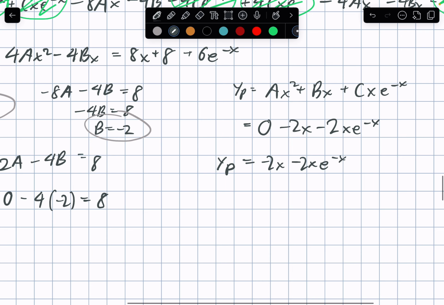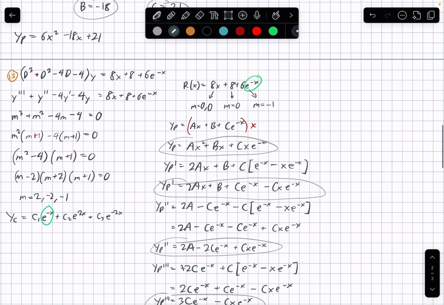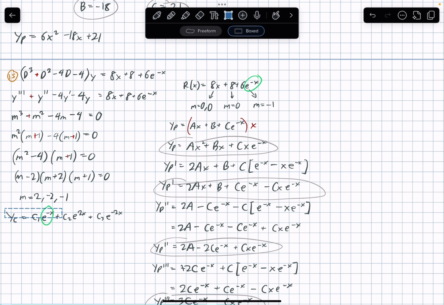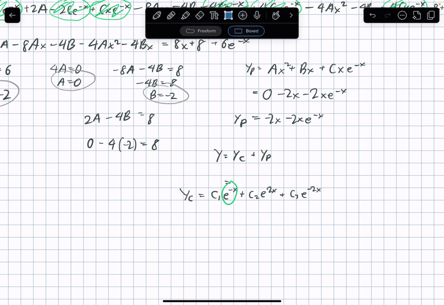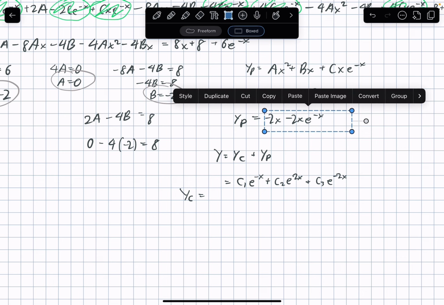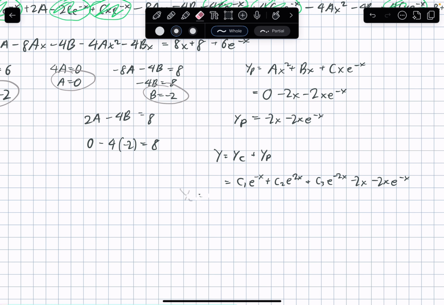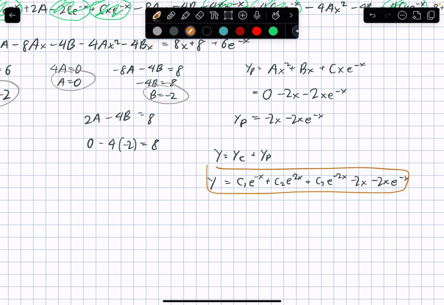Let's now compile. This is the most fun part because we're almost done. Y sub c. Where is y sub c? This one. So that's our y sub c, and this is our y sub p. This is our particular solution.